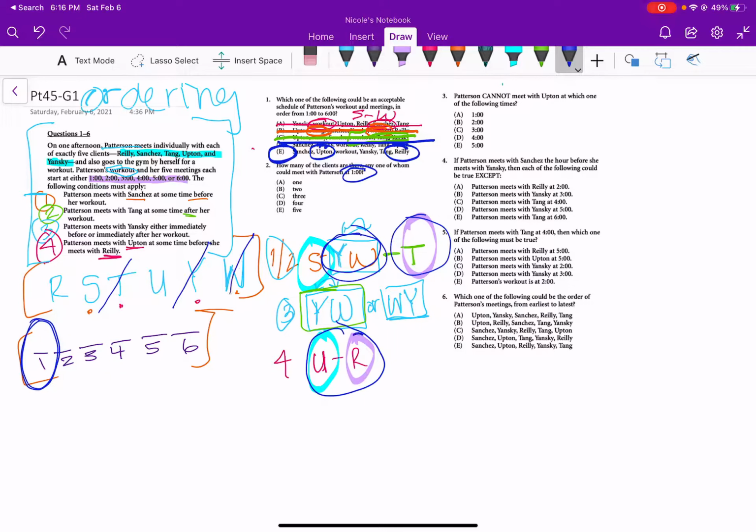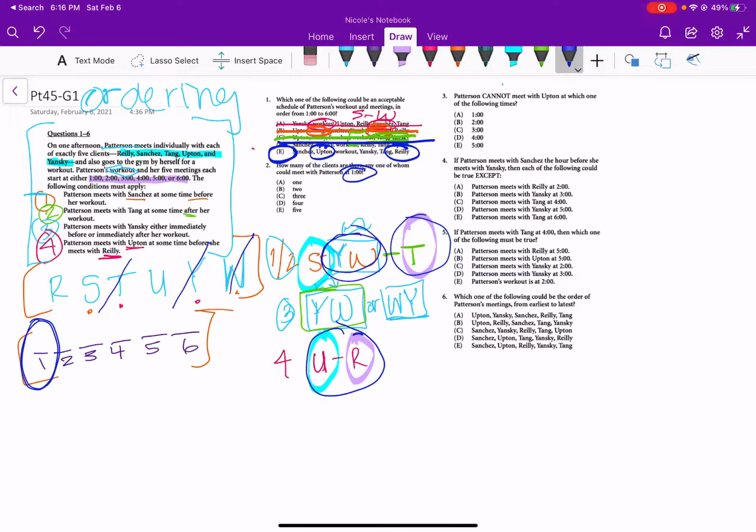The one that I would not check here is actually I would not check A or E very quickly or towards the beginning, because I know that U can go at 1 o'clock, and I know that U for sure can go in 5 just from thinking about the rules, that U just has to go before R, and then this whole chain of S, Y, W, T, which is going back and forth, fits pretty easily. So it's really easy to cross those two off.